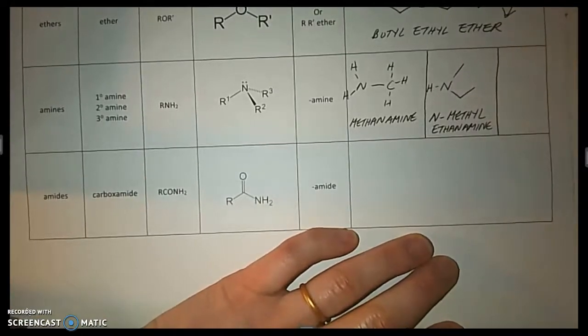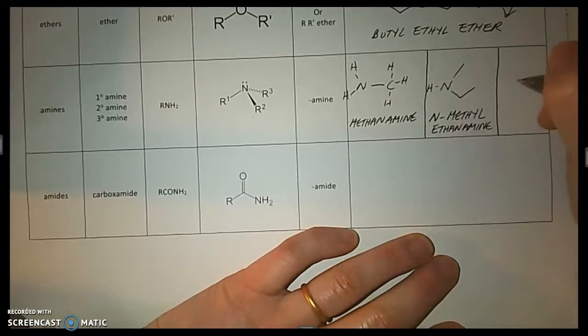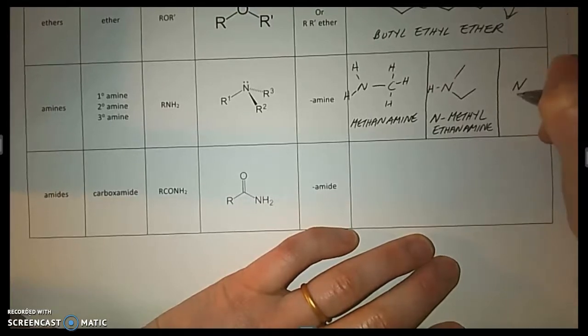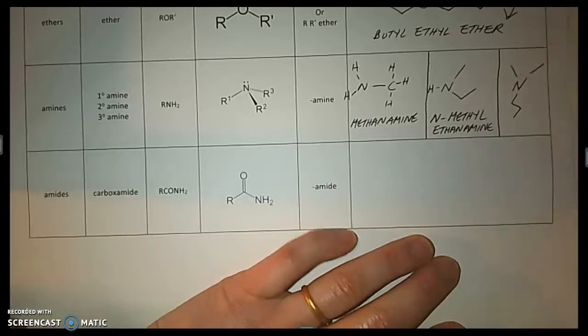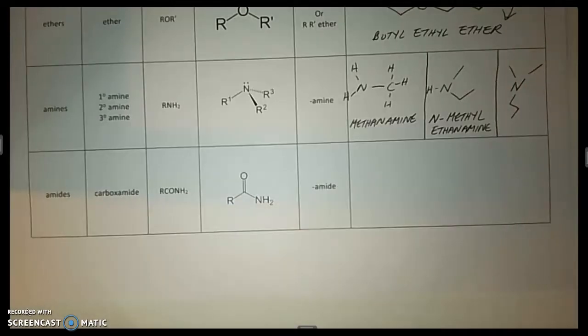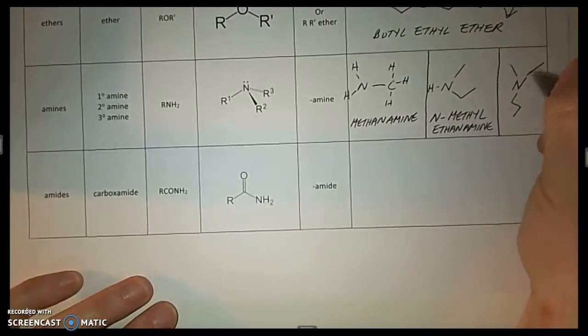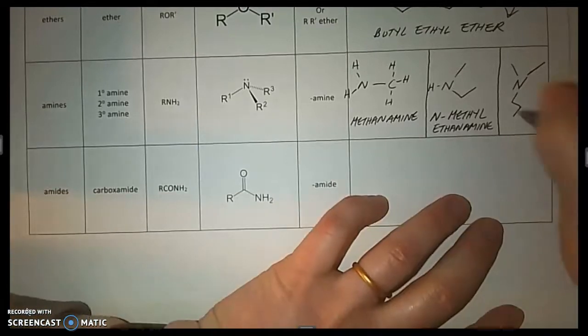Okay, an example of a tertiary amine. So let's see here. I'm going to do 3 carbons on one, and then let's say 2 methyl groups. Nitrogen can make 3 bonds, and all of those bonding spots right now are filled up with hydrocarbon chains.